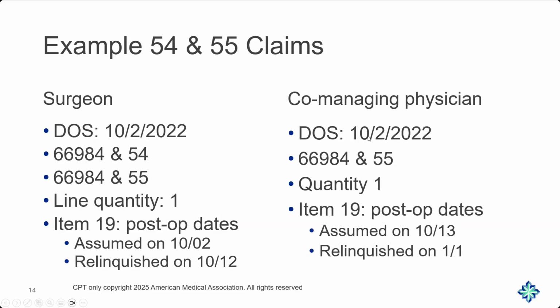Co-managing, which is Dr. Pierce. Okay, so yep, we still have the surgical. They didn't do anything here, but they did do this, right? This is the 55 line. They do get 1 quantity, and their claim says we assumed care on 10/13. They relinquished on 1/1. This is the end of the 90-day period. So it's important to make sure that all these dates are properly documented.